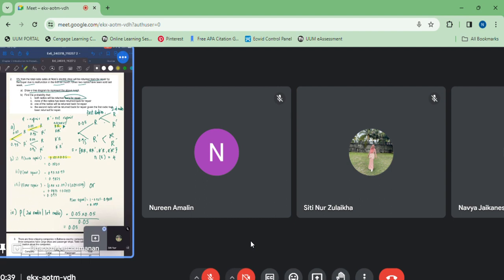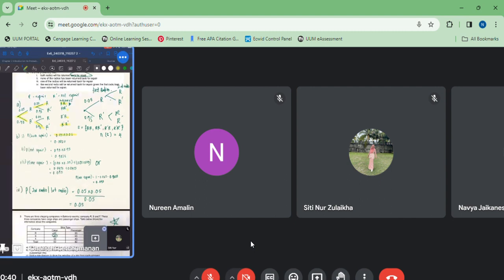They said none of the radios has been returned. That means both radios are not sent to repair, which is this branch and this branch: 0.95 times 0.95. It's easier if we write the outcomes like this, so you can see from here, oh, not repair, or repair. Or if they say one of them is repaired and one is not, then we know it's these two. So very simple. You just do 0.95 times 0.95, and you'll get this.